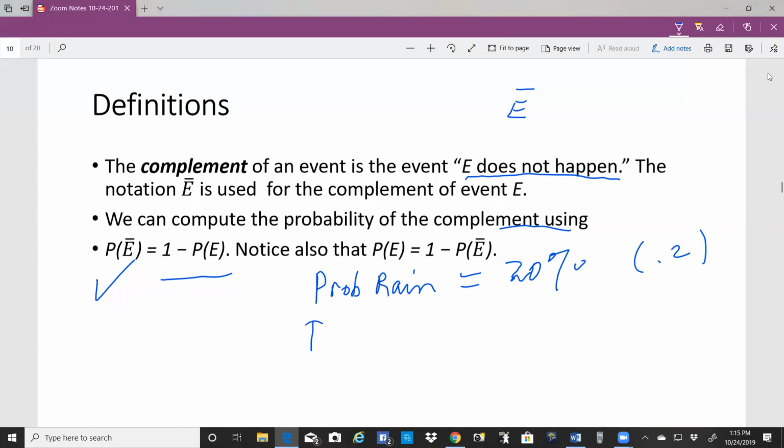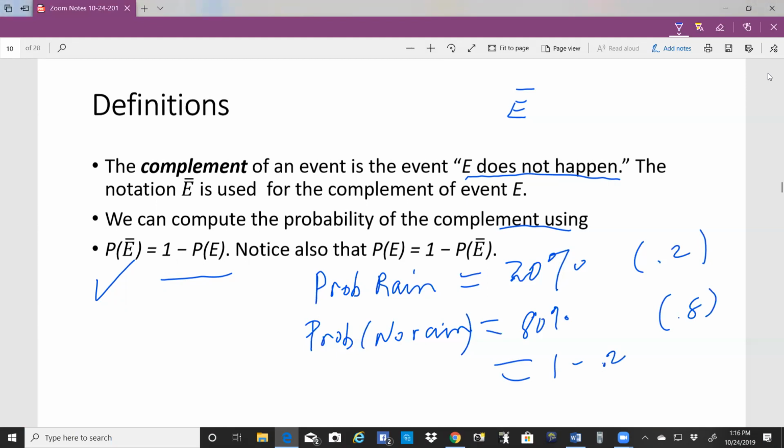What's the probability of no rain? If I tell you a 20% chance of raining, what's the probability of it not raining? What's the answer? 80%. I think that's pretty obvious, which is really 1 minus the probability that it will rain. So this is a concept that you need to understand.